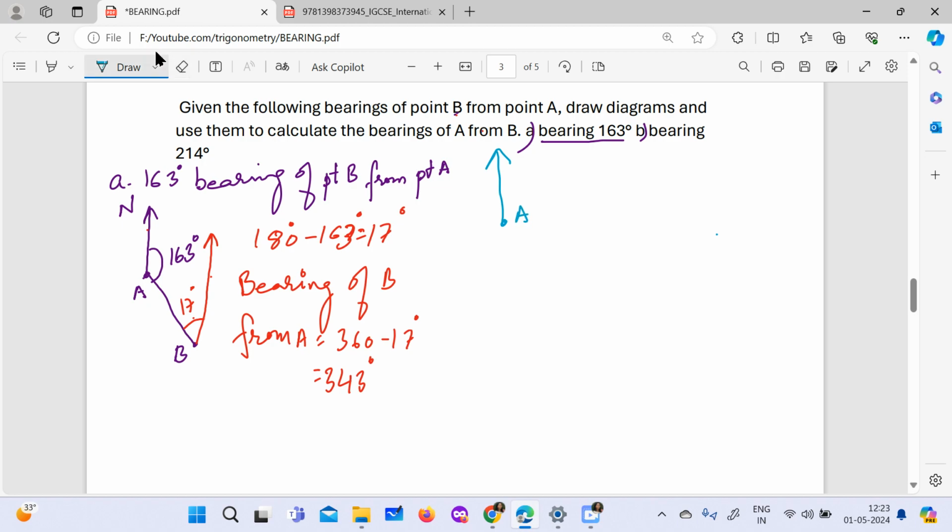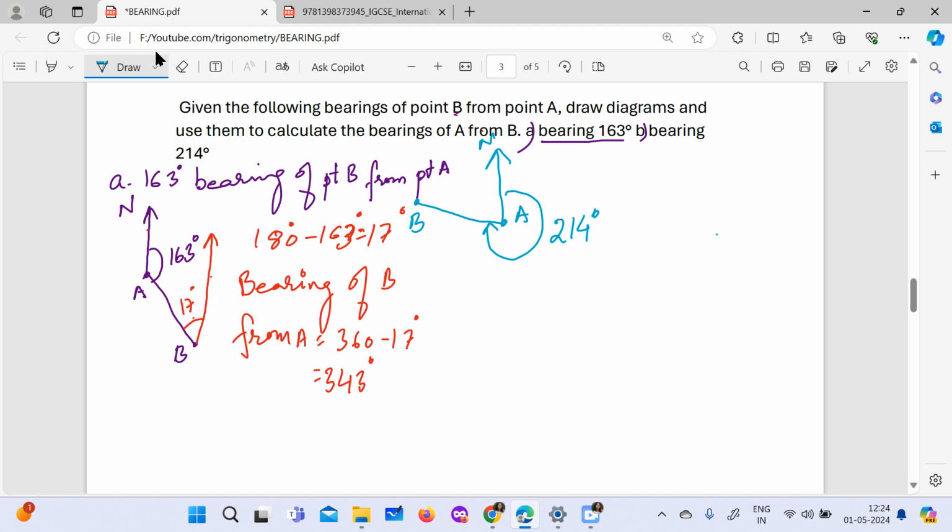That is a reflex angle. Okay, so it has to go somewhere this way. So your B will be this side. And this is the clockwise bearing with respect to the north of A, and this is 214. I hope this diagram is clear to everyone.